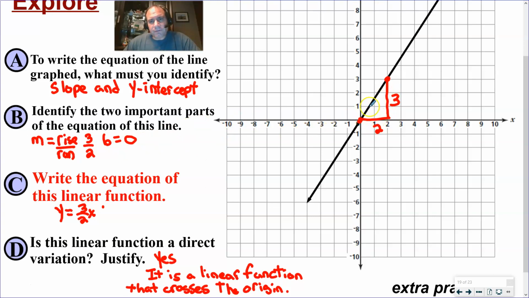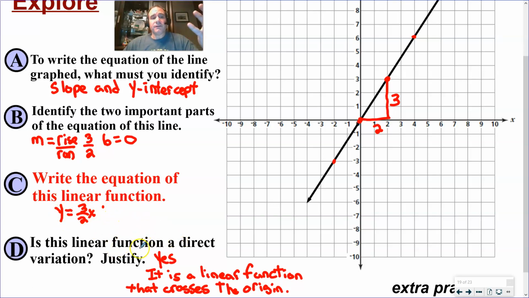And then I looked for another point, and I noticed another point right here that I could use. I could have used this point right here. I could have gone down and used this point. But either way, I used these 2 points, and I did my run and rise. My rise over run is 3 over 2. That's my slope. I did not divide it. The equation of this linear function is y equals 3 over 2x.